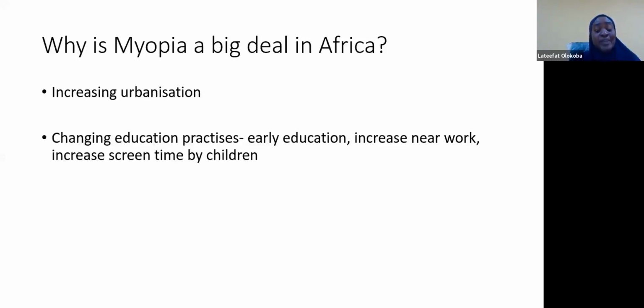There is a need for increased academic excellence from young children. And also recently, children have increased screen time. They are more exposed to television, smartphones, computers, and social media, which is not what it used to be in the past. So these changing practices are the reason why we are now discussing myopia in Africa.